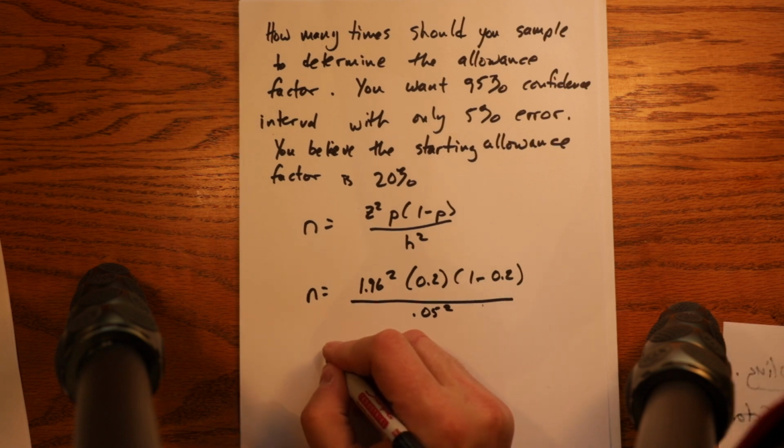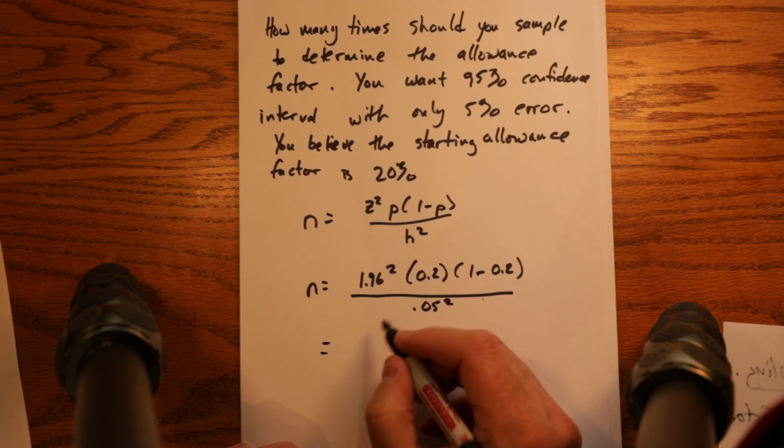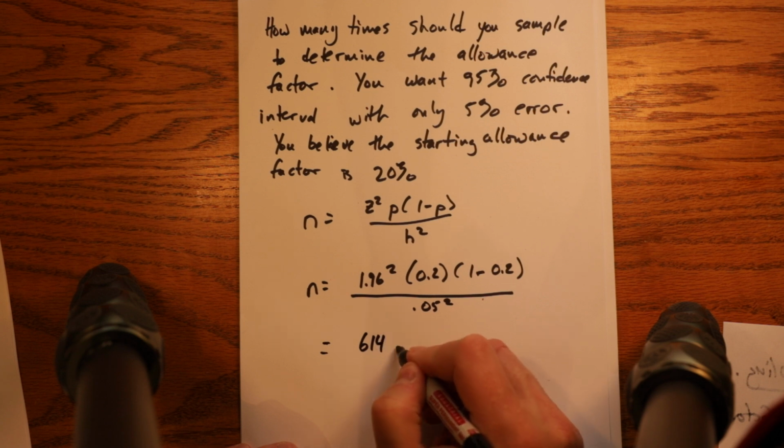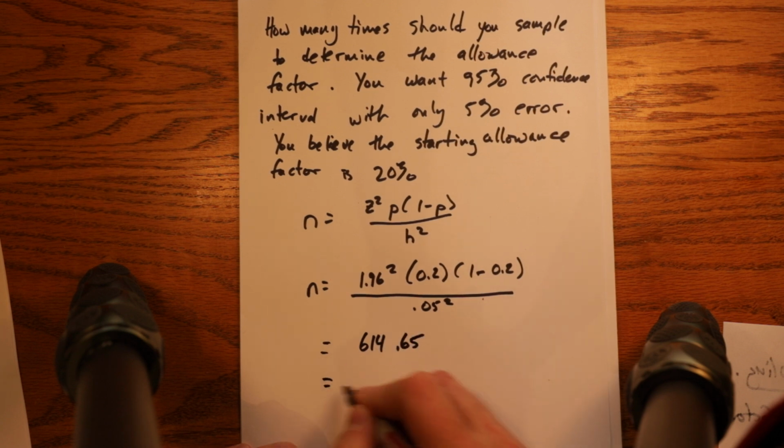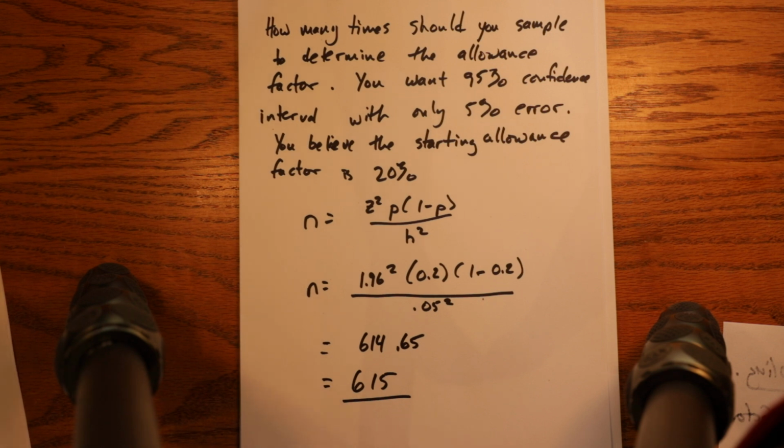Which should give you, if I've done my calculations correct, 614.65. Always round up, so it is 615. So you would need to go 615 times and see whether they're actually doing the work or doing something that's in the allowance factor to see if your estimate of the allowance factor was correct. So that's relatively straightforward.